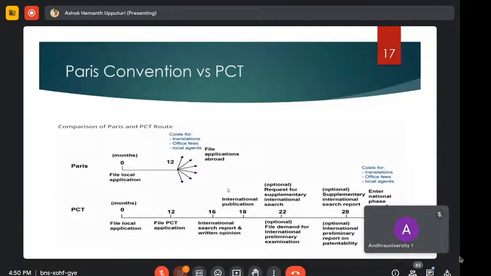Because if a document is hitting your novelty, you can change that and request the supplementary international search, also by paying an extra fee, and also request the international preliminary examination as well.